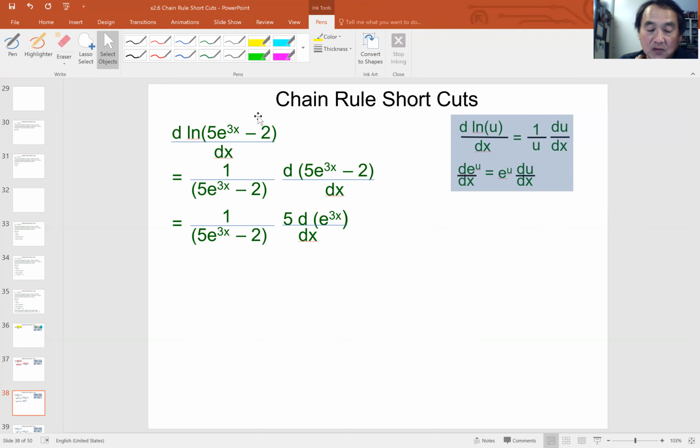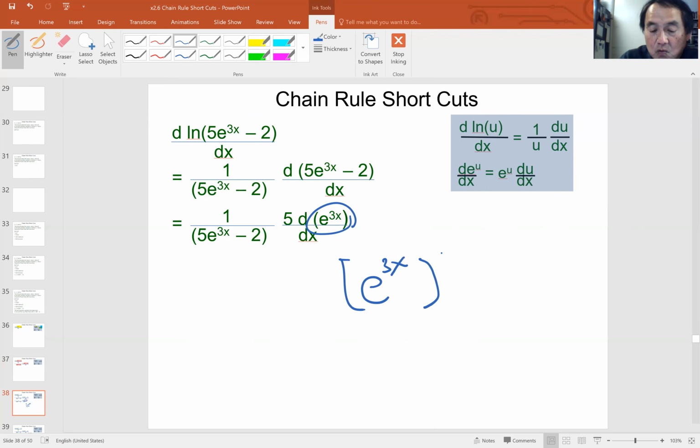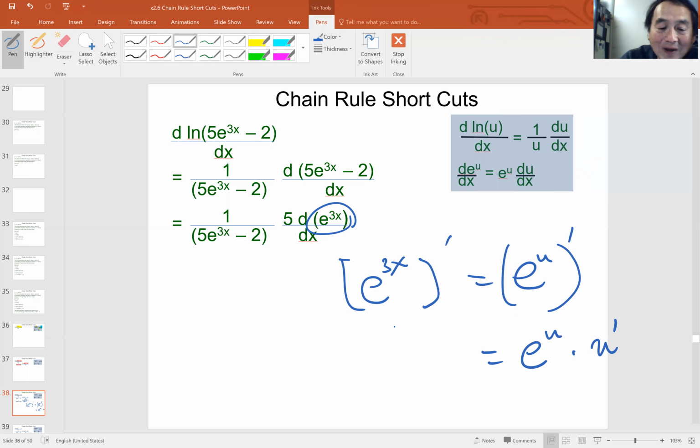And that, of course, is the derivative of an exponential function. This is the exponential function e to the 3x, so this is the form of e to the u. So it's going to be e to the u times u prime. And what does the u refer to? U is the 3x.